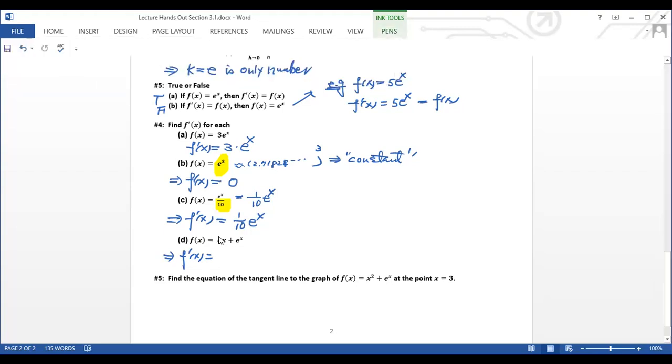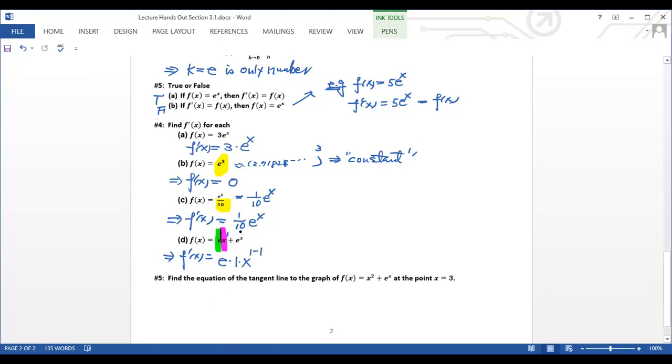So this is e times x. We know e is a constant, so the x here is power 1. What is the first derivative? It will be e, then you move the 1 to the front, so the power becomes 1 minus 1.